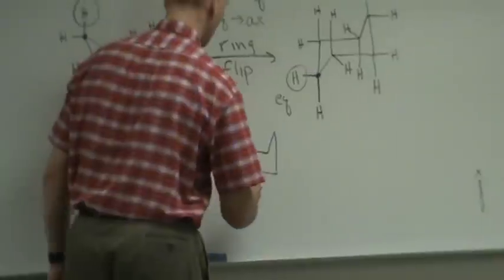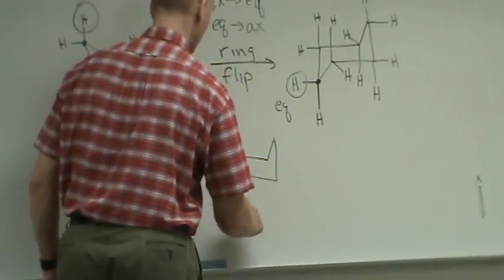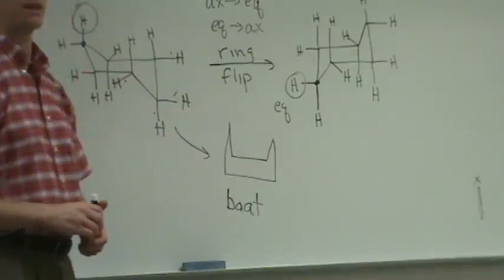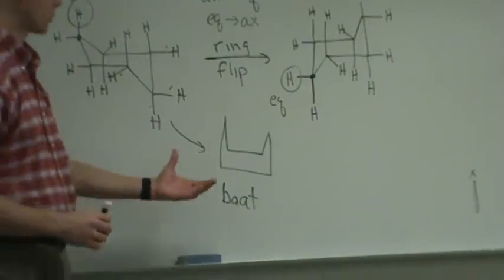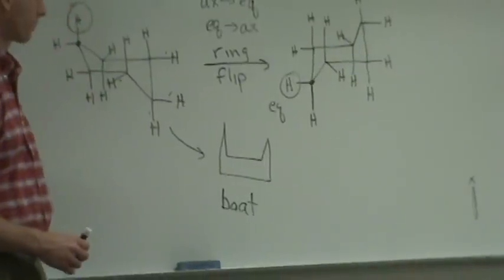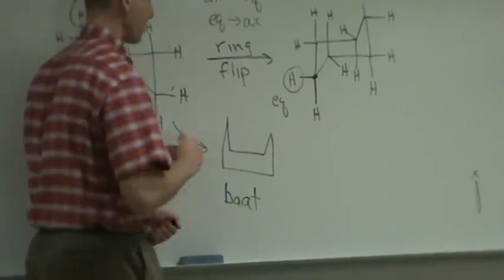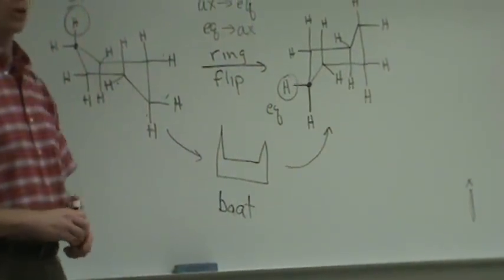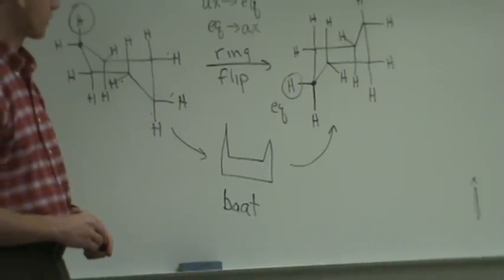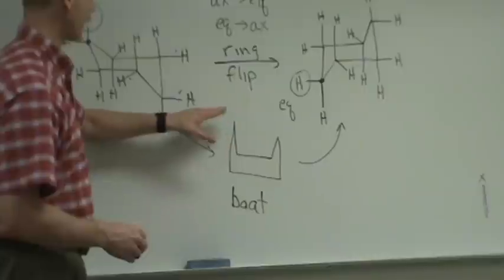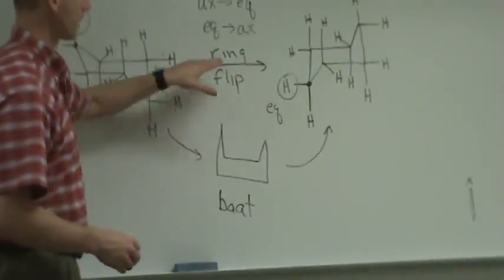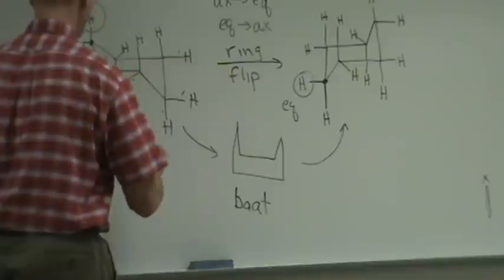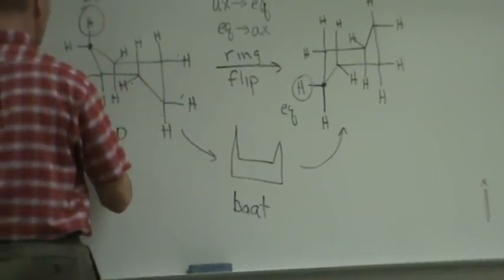This intermediate state is sometimes called the boat conformation, because it looks like a little boat. And so the boat forms, and then it goes over to the chair. This boat conformation is actually a higher energy state than either of these chairs. In the chair, there is no ring strain at all.